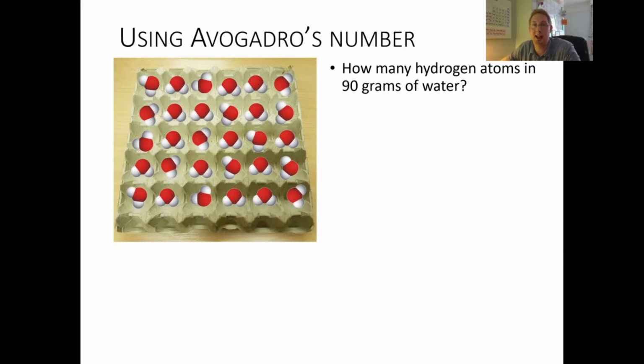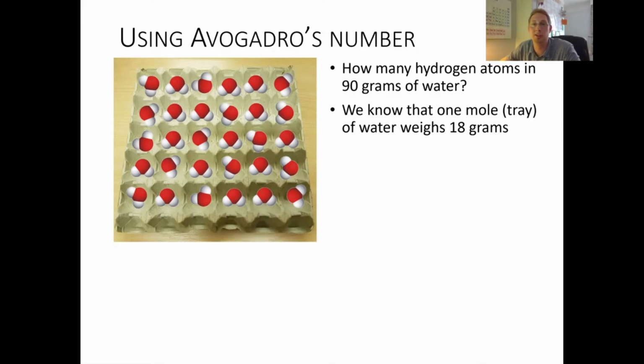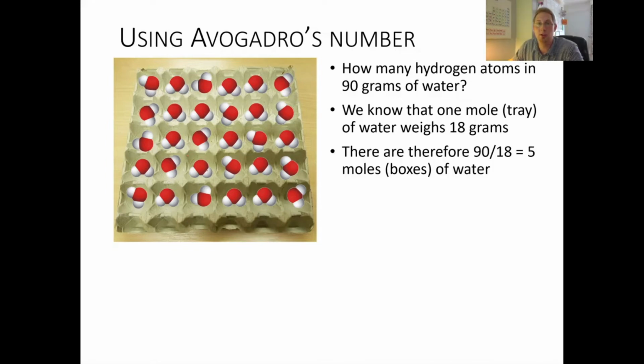An A-level question might look like this. How many hydrogen atoms are there in 90 grams of water? Well, the first thing we can do is work out the number of moles. We know that 1 mole of water, 1 tray of water, weighs 18 grams. And therefore, there are 90 divided by 18, which is 5 moles, 5 trays of water.